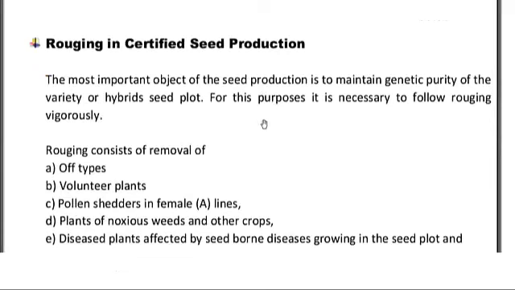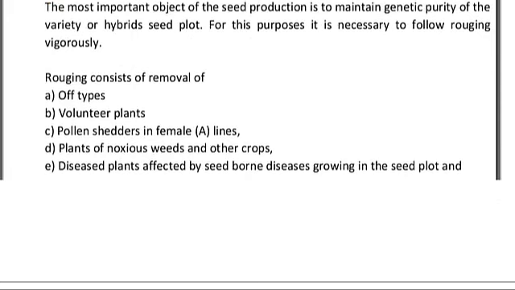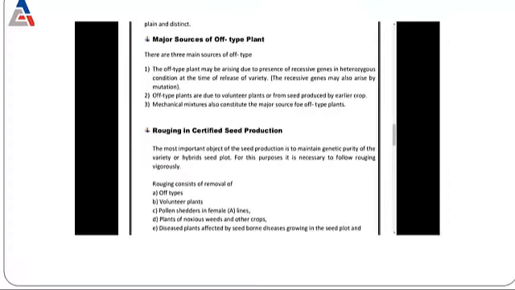The most important objective of seed production is to maintain genetic purity. That's why we should follow certain rules. You should remove the off-type plants, volunteer plants, pollen shedders in female lines, plants of noxious weeds, and diseased plants affected by seed-borne disease growing in the seed plot. So all this should be removed.